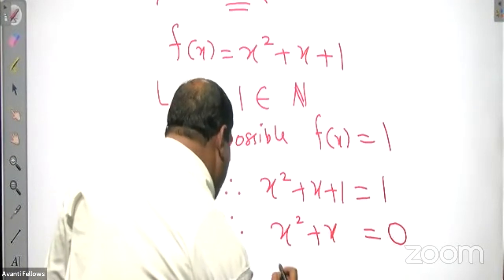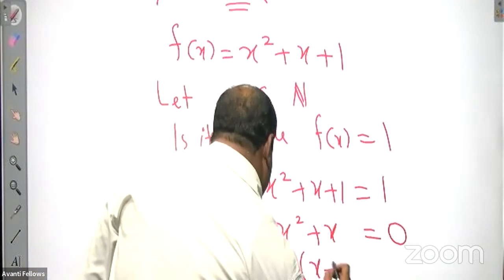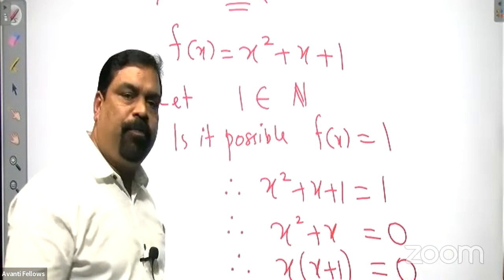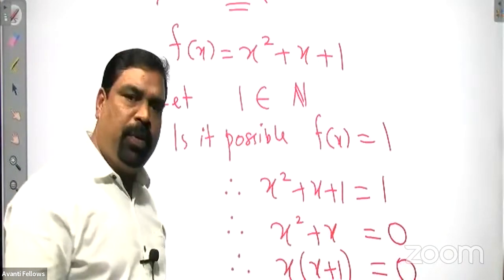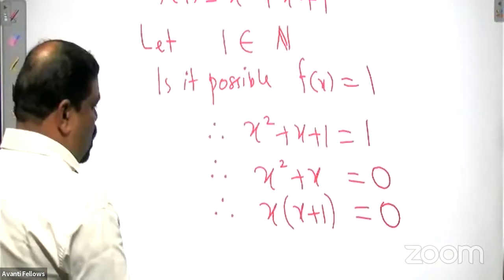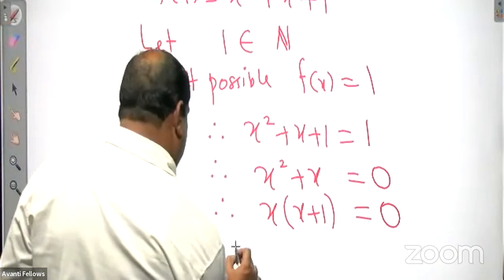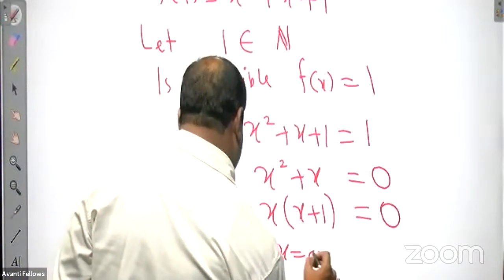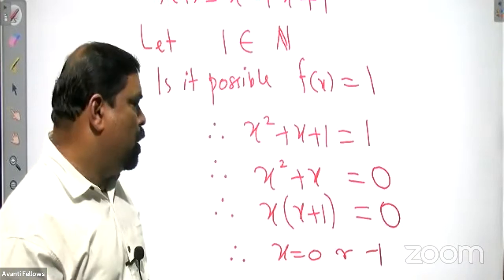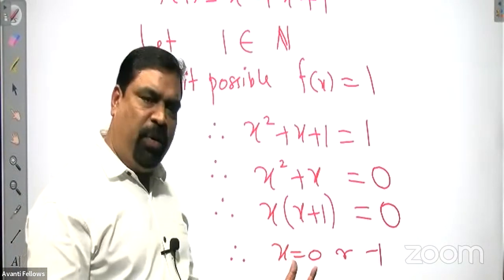And this is possible only if x into x plus 1 equals 0. Isn't it? And that means what? That means x equals either 0 or negative 1. But 0 is not a natural number.